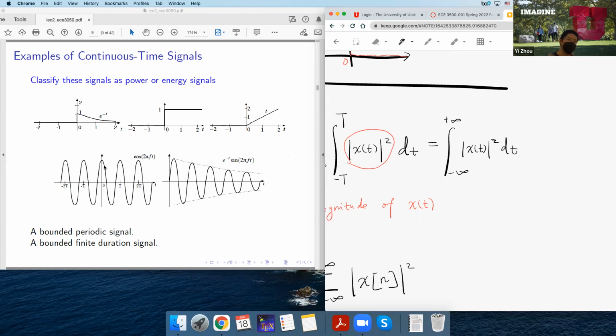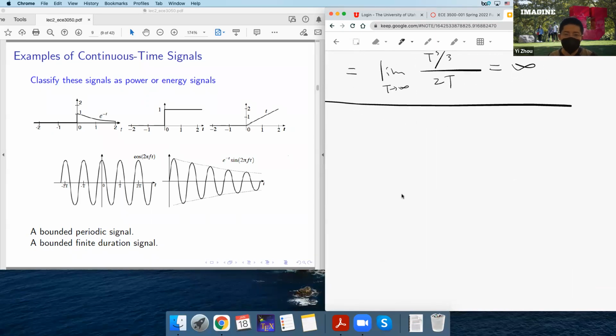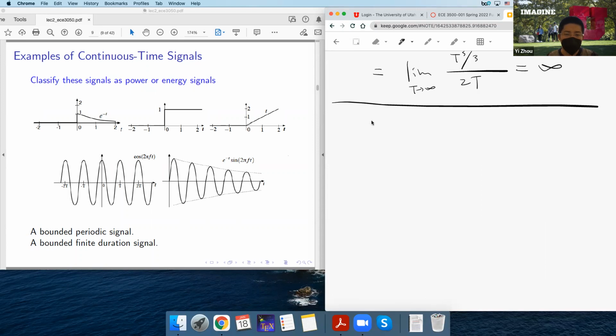So in every half period, you always have some small part of energy there. When you accumulate this over the entire interval, you get infinite energy.